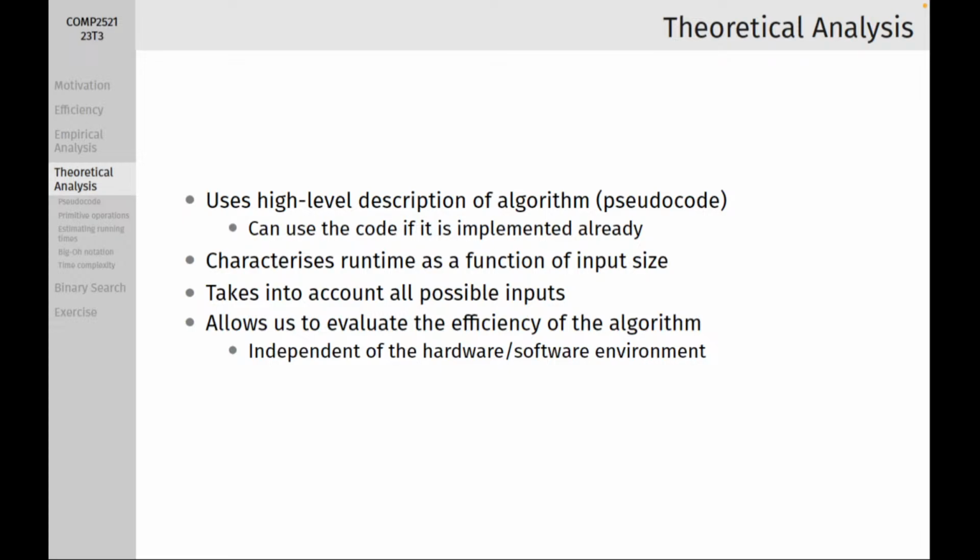Instead of analyzing the code, we could analyze the pseudocode of the algorithm, and we'll talk about pseudocode next. We could use the code if it's implemented already, but usually we analyze the algorithm before implementing it, because if it's not efficient, then there's no point implementing it. Okay.